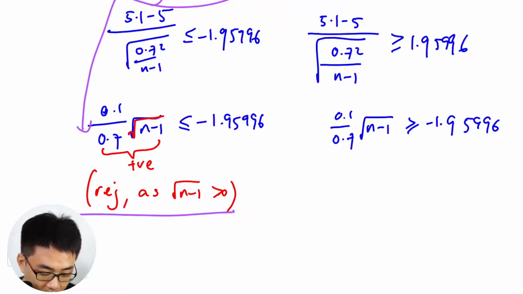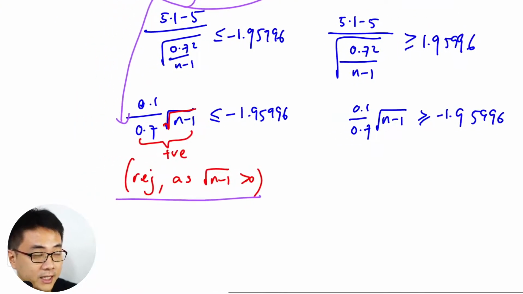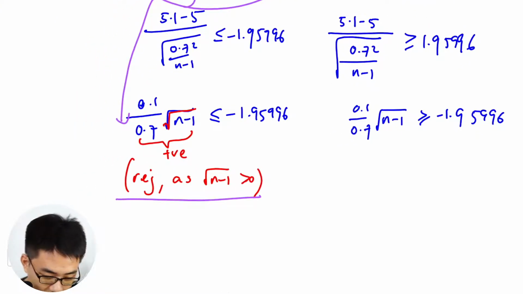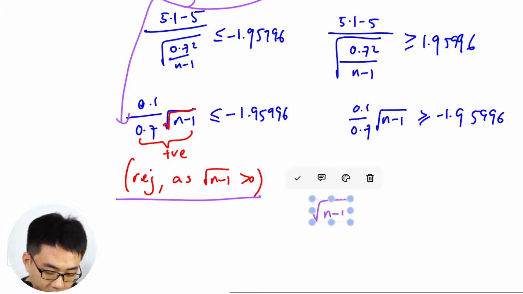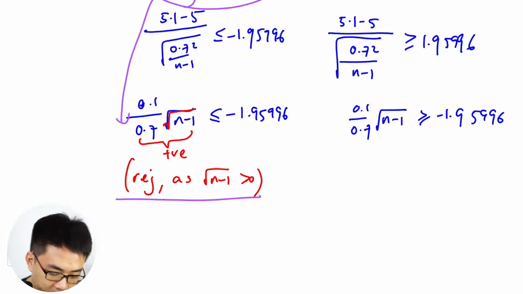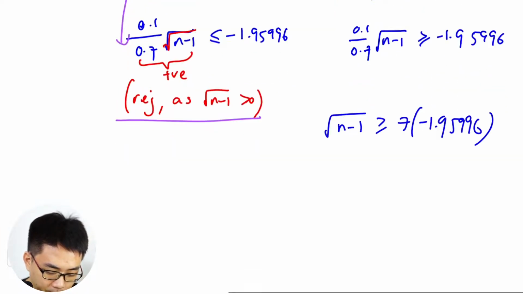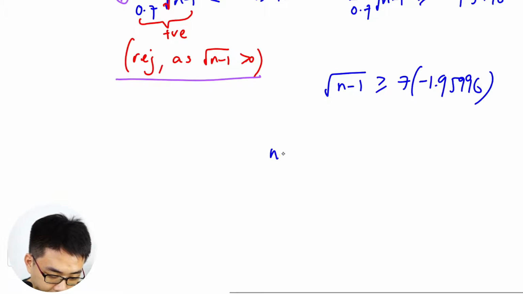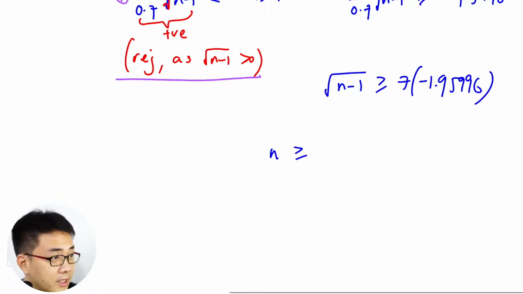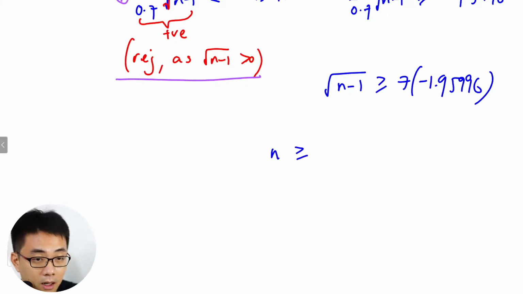So once you're done with this case here, what you do is take square root of n minus 1, and square both sides. Just manipulate this.